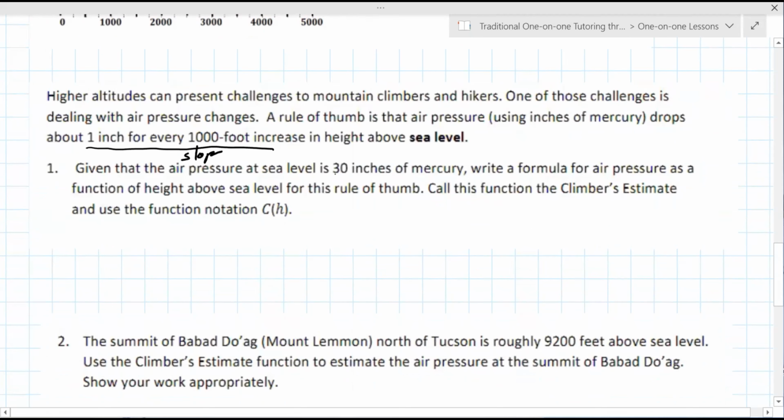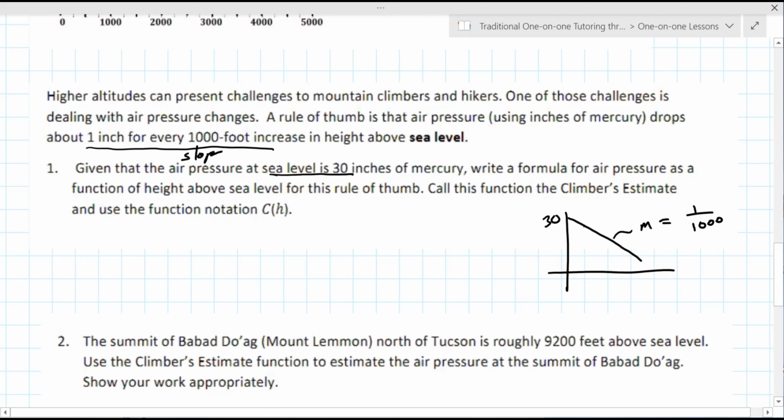So they're saying at sea level, the air pressure is 30 inches of mercury. So graphically, it's 30 and it's going down like this. And the slope of this line is 1 over 1,000 feet.